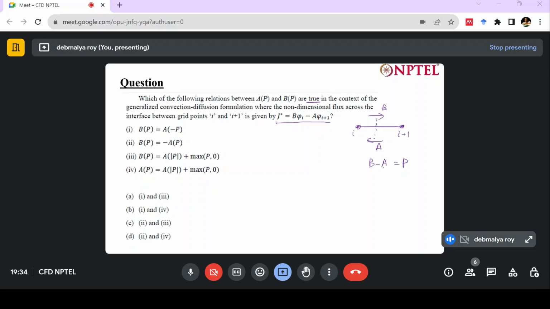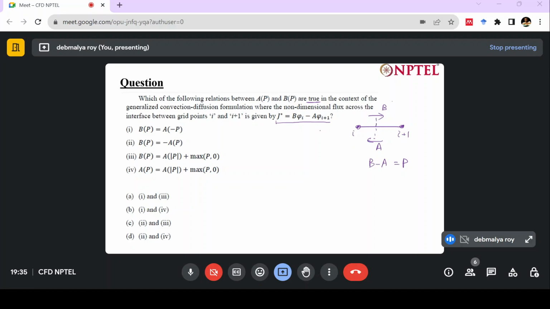Earlier our B might have been higher than A. Next case, our A will be higher than B. But if the difference is the same and the magnitude of the Peclet number is also the same, we can say that the flux will be simply reversed. So if our Peclet number has reversed, our flux will be reversed.